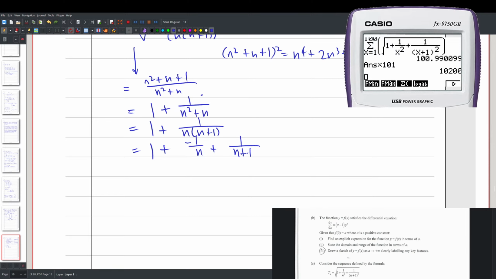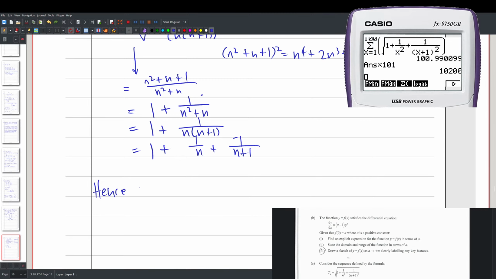Yeah, okay, that makes more sense. So it's negative the next one, positive the first one, I think. 3 on 2 is 1 plus... yeah, okay. So it's positive this one minus this one. I mean, you could do it properly, but yeah.